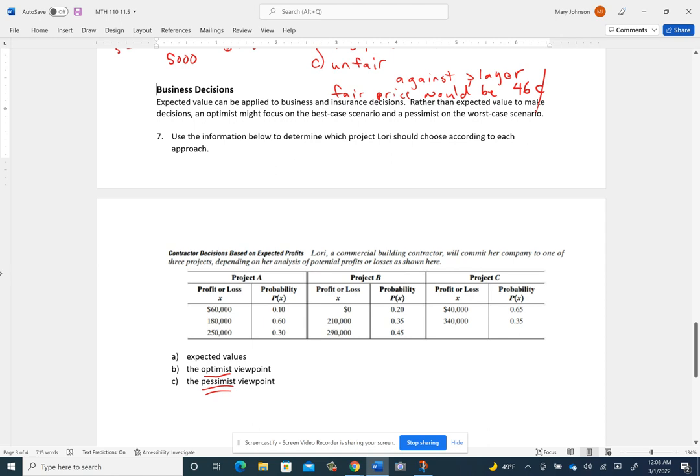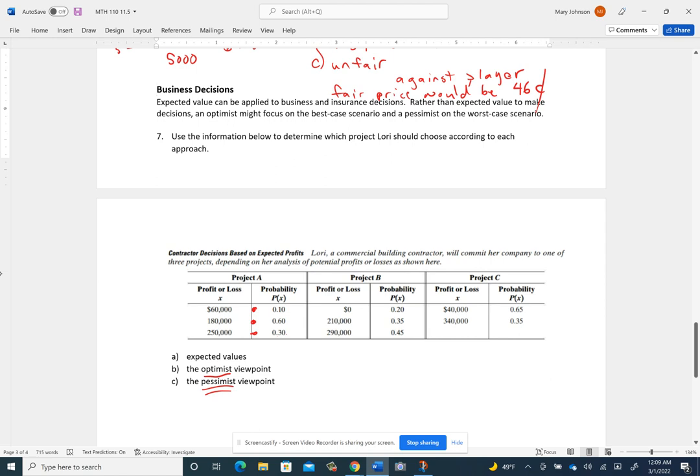So she would multiply these quantities together that we see for project A, 60,000 times 0.10, 180,000 times 0.60, and then 250,000 times 0.30. So there's like a 60% chance they would make 180,000, a 30% chance they would make 250,000, and a 10% chance they would make just 60,000. Okay. And so what you would do is do those products and then add these together.